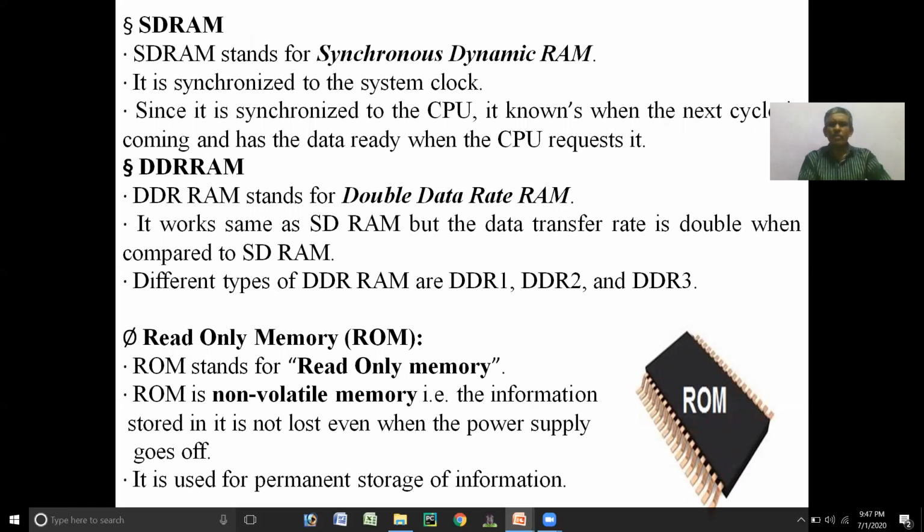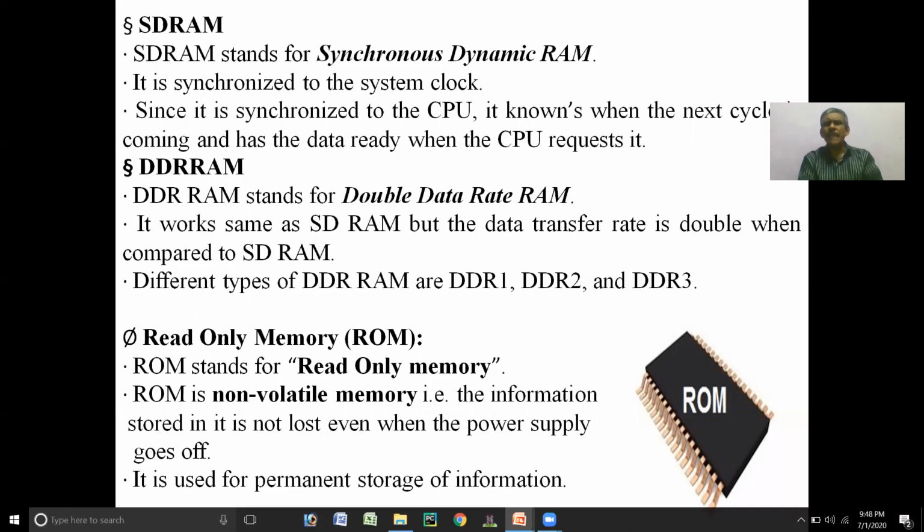Now, we'll study SDRAM. SDRAM stands for Synchronous Dynamic Random Access Memory. It is synchronized to the system clock. It means the speed of this SDRAM is equal to the clock speed of the system.